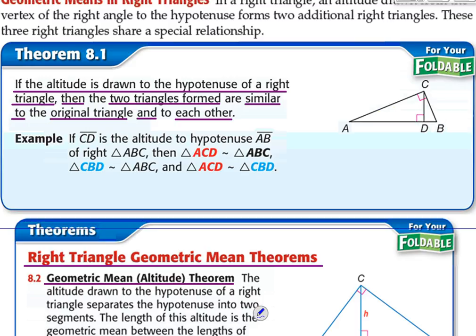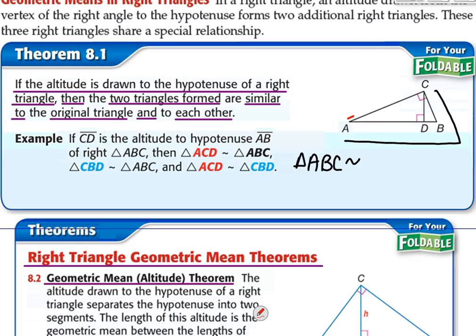So if we're going to name those, and I call them like long leg, short leg, and hypotenuse, I'll just start with one of these triangles, and they use triangle ABC. So triangle ABC is the big right triangle. If I name that as ABC, I'm using the hypotenuse and the short leg. So triangle ABC is similar to, and then on the left triangle, I'll use the hypotenuse and the short leg also.